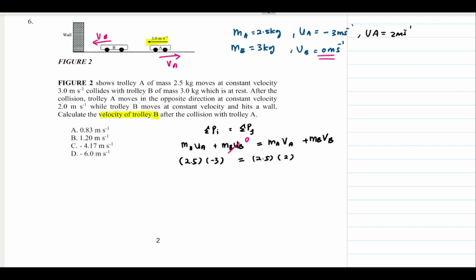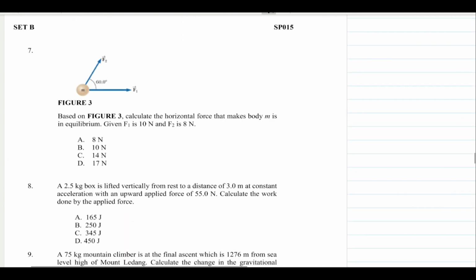Okay, so it's moving to the right, so positive 2 meter per second plus the mass of trolley B is 3 kg and then kita nak cari VB. Okay, therefore awak akan dapat nilai VB is negative 4.17 meter per second. Okay, tekan kalkulator elok-elok. Okay, dapat jawapan dia C. Alright, so next.